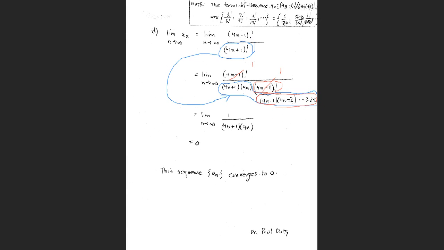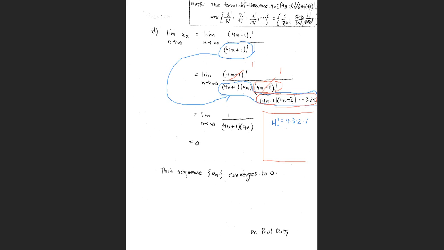That's right, Rodrigo. Rodrigo's saying, this is not part of the proof here, but if you had 4 factorial, it is 4 times 3 times 2 times 1.